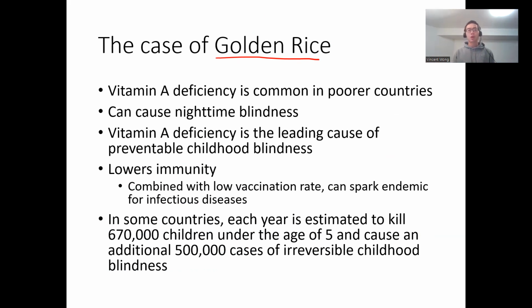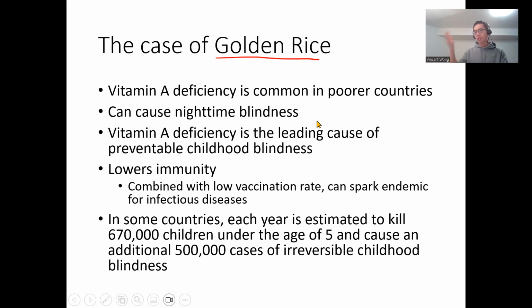Golden rice was invented to help solve a condition known as vitamin A deficiency. This is very, very common in countries that do not have access to food that is rich in vitamin A. One of the problems that arises as a result of vitamin A deficiency is that it could cause nighttime blindness.